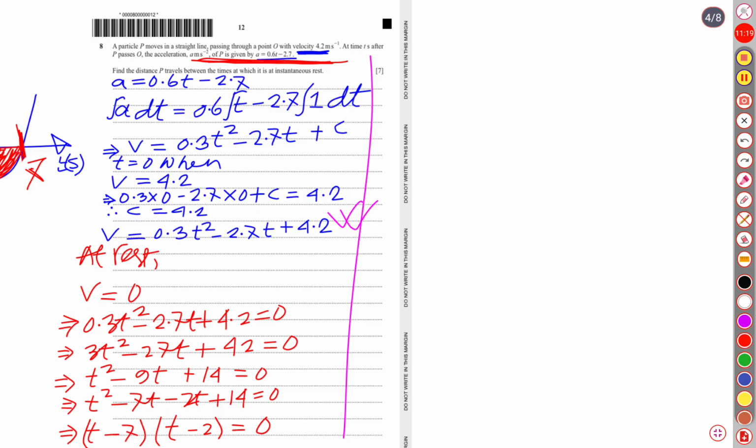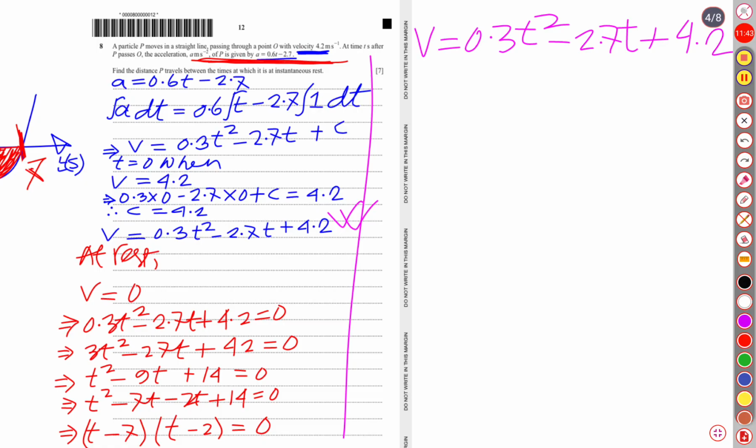So we will write v is equal to 0.3 t square minus 2.7 t plus 4.2.